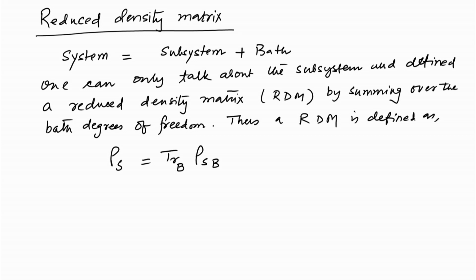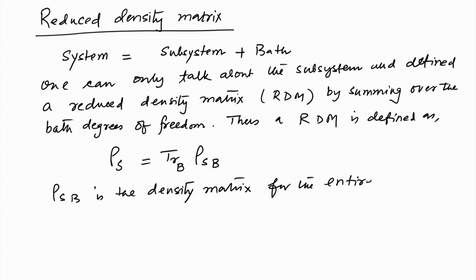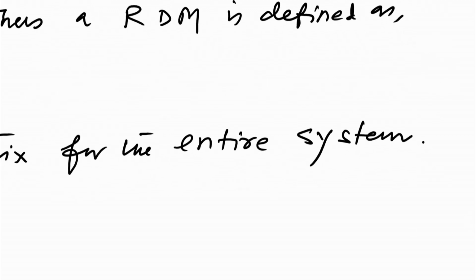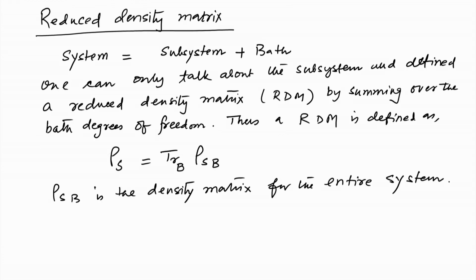So, rho SB is the density matrix for the entire system, and the entire system is defined in the first line that we see here.